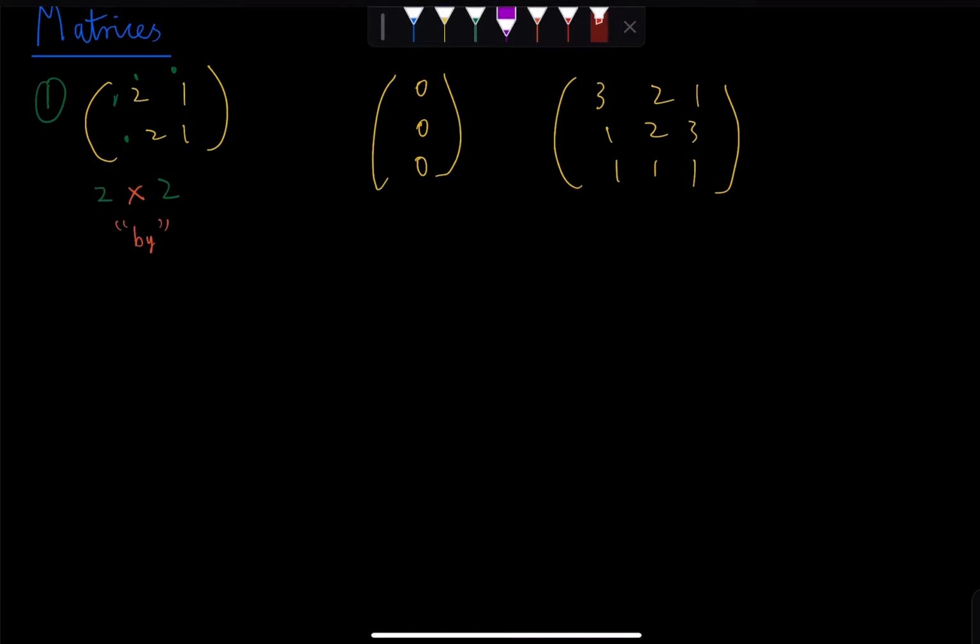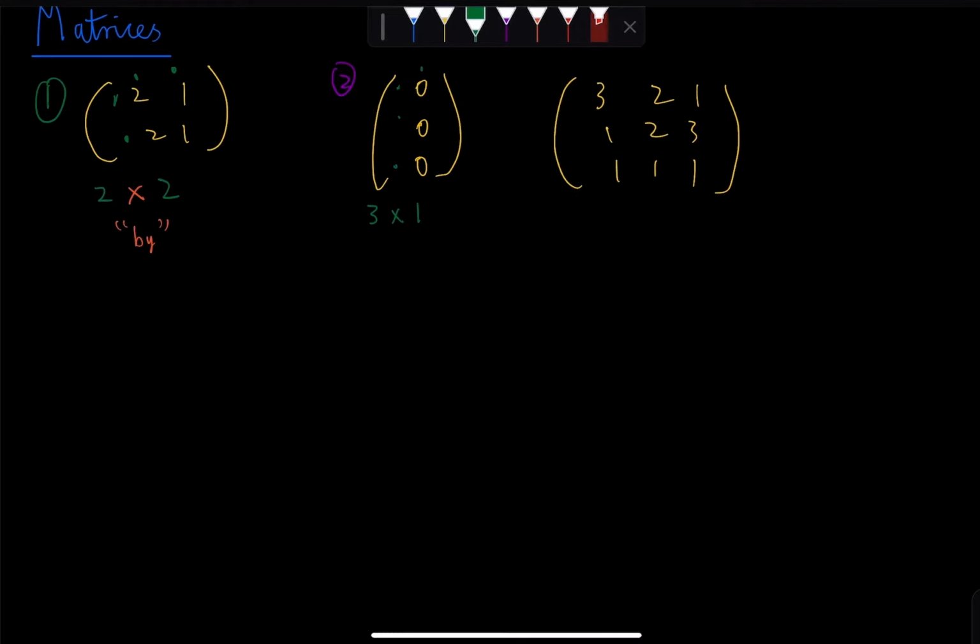All right, and then the next one, you do the same thing. So you count the number of rows. That's 1, 2, 3. That's 3 by how many columns is that? That's just 1. So you say 3 by 1.